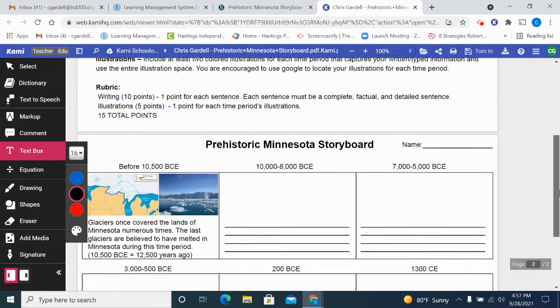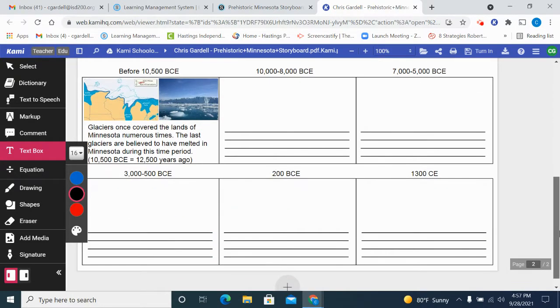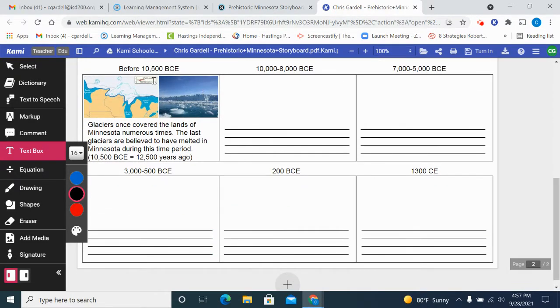Let's take a look at the storyboard itself. Here's my example of what was happening in Minnesota during prehistoric times before 10,500 BCE. Glaciers once covered the lands of Minnesota numerous times. The last glaciers are believed to have melted in Minnesota during this time period. So what I did is I wanted to show an image of the glaciers because that's what my writing was about.